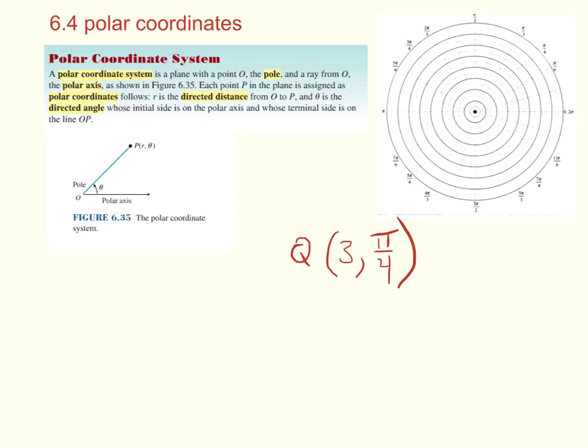As those are polar coordinates, that means that from the pole I'm going to go 3 units in the direction of pi over 4. And so 3 units in the direction of pi over 4 would be 1, 2, 3, and there would be my point Q.